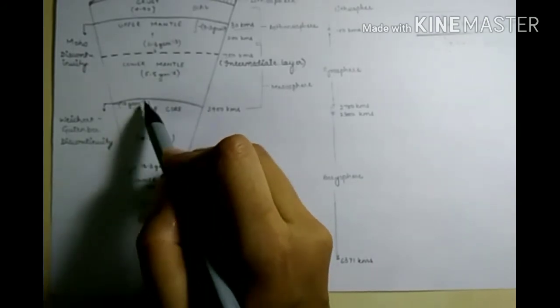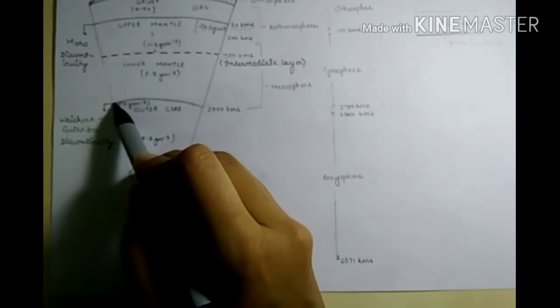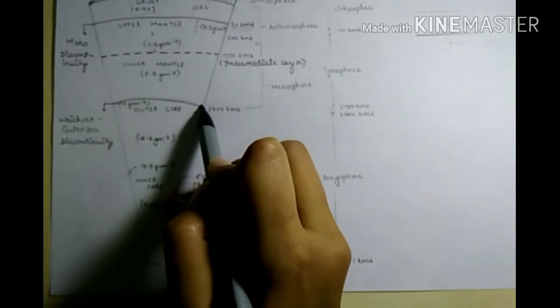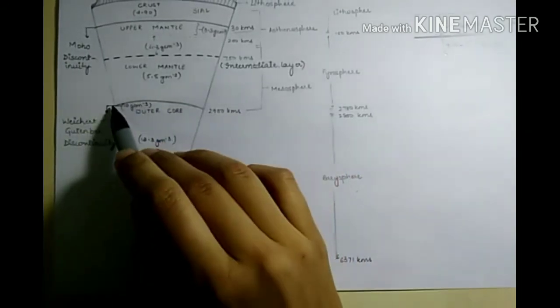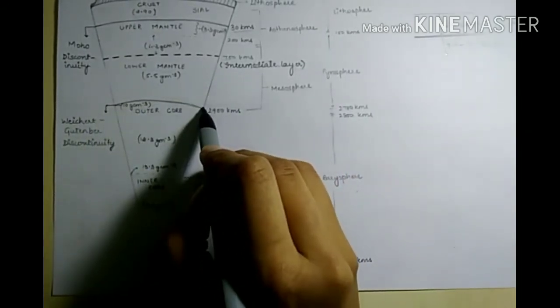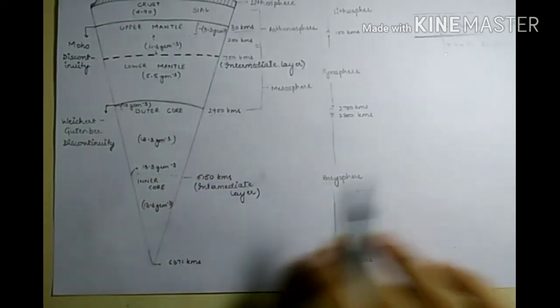So this discontinuity at 2,900 kilometers was named Gutenberg's discontinuity.